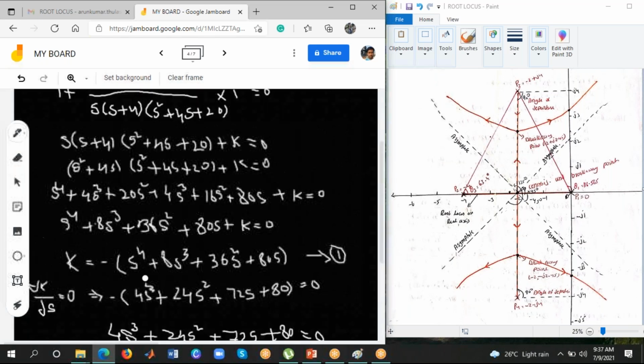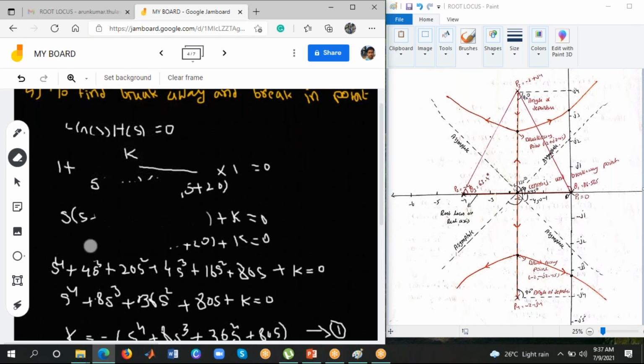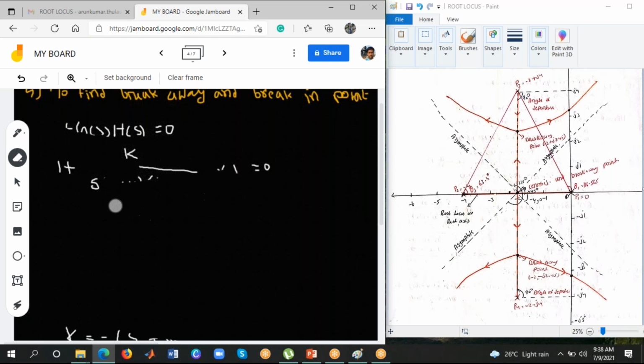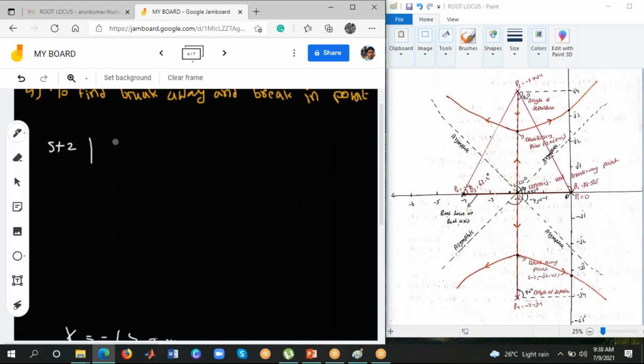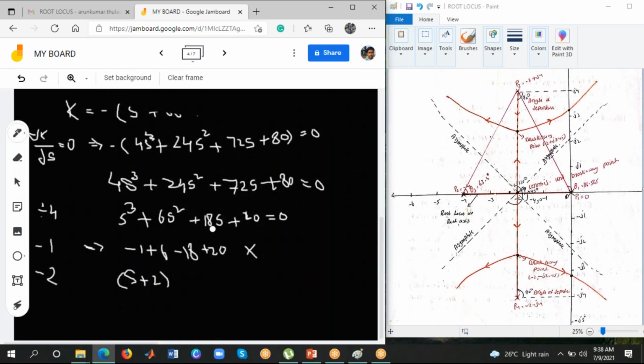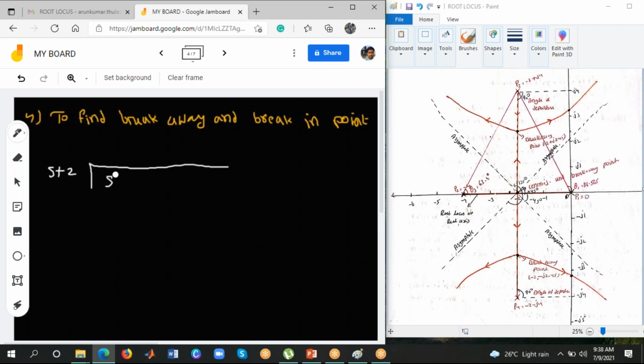So let me do this. So first, let's multiply s square.